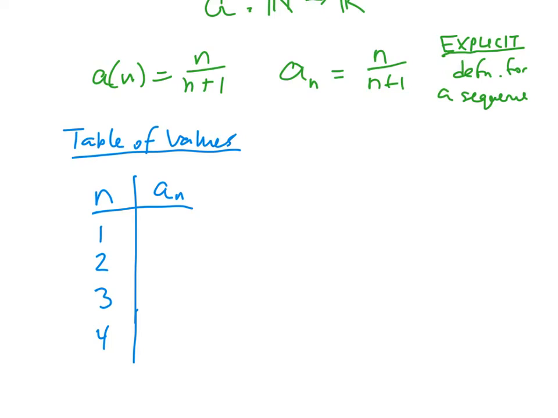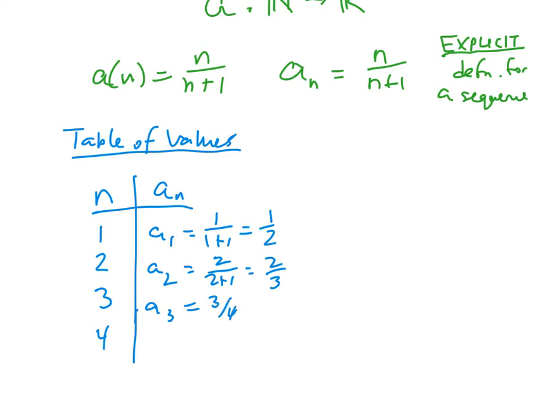So if n is 1, then we would get a sub 1 equals 1 over 1 plus 1, which is 1/2. If n is 2, then a sub 2 is equal to 2 over 2 plus 1, which is 2/3. And then a sub 3, we could use the formula again and get 3/4. And then a sub 4 would be 4/5, and so on.